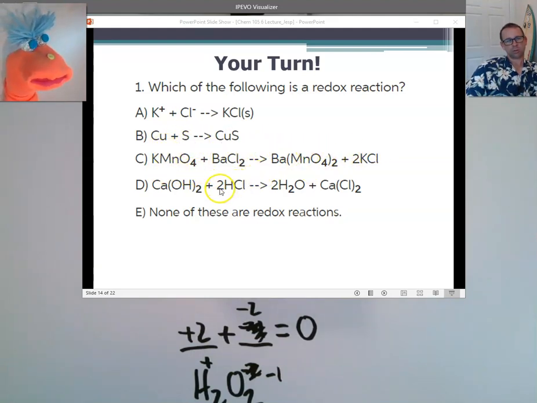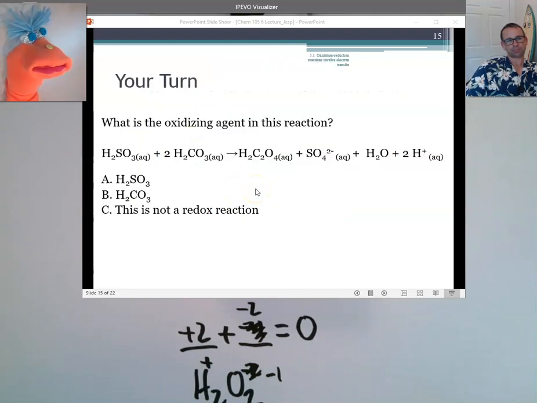Good. So is that one. Yes, it is also metathesis. Just what is HCl? HCl is an acid. That's right. Remember what it's named? Hydrochloric acid. Very good. So this is an acid-base reaction. Okay, excellent work. All right. What is the oxidizing agent in this reaction?